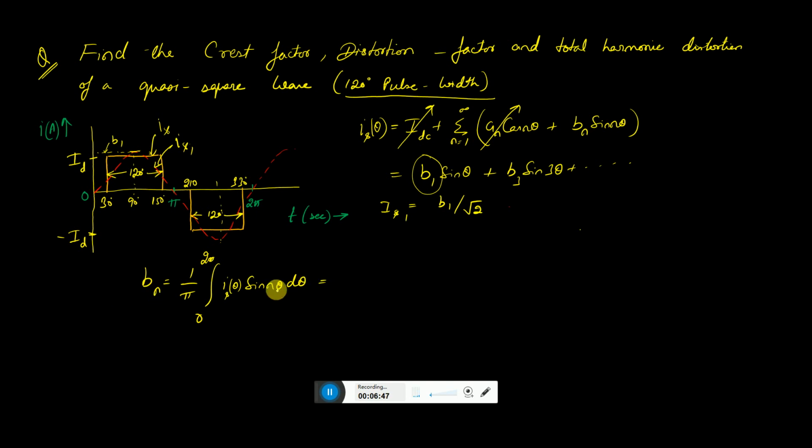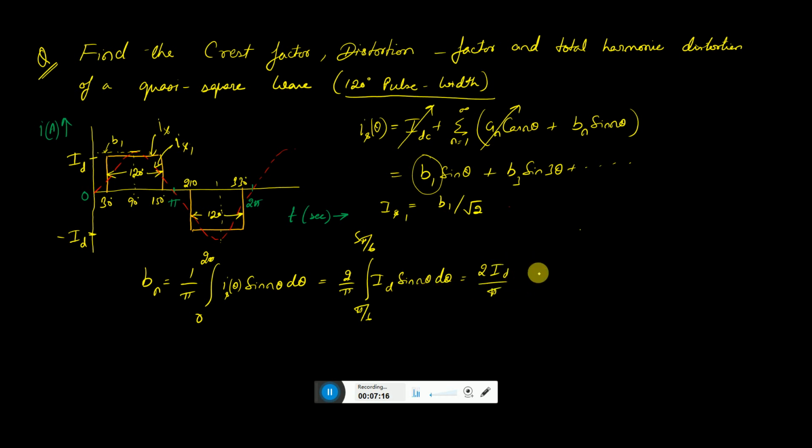So let us apply. Instead of 1 by pi, let us say 2 by pi and integrate from 30 to 150 degrees. So 30 is pi by 6 to 5 pi by 6. Is is nothing but Id and sine of n theta d theta. That's the integration. So 2 Id by pi, we take it common.